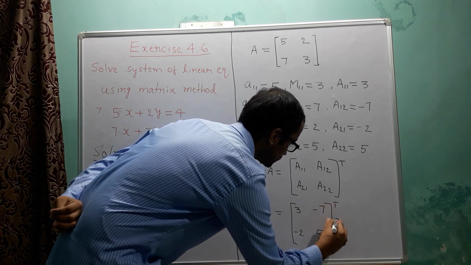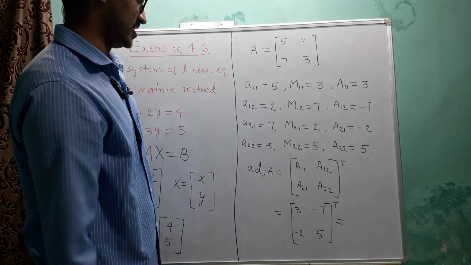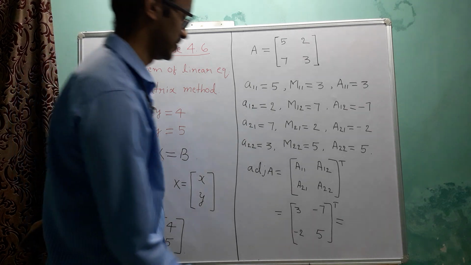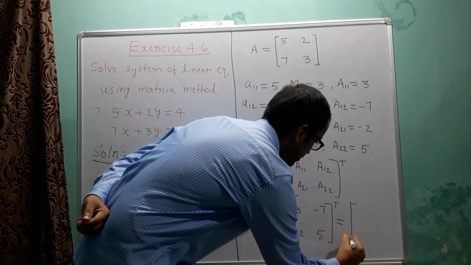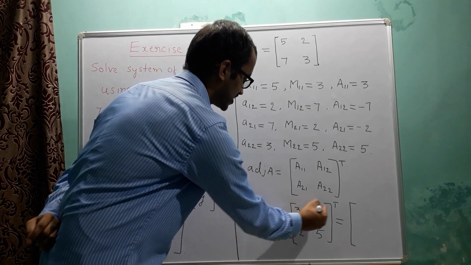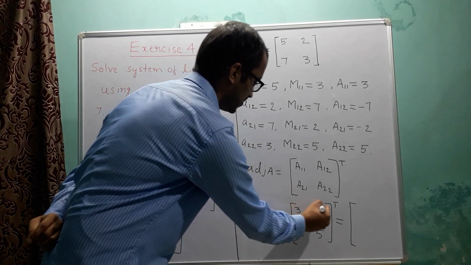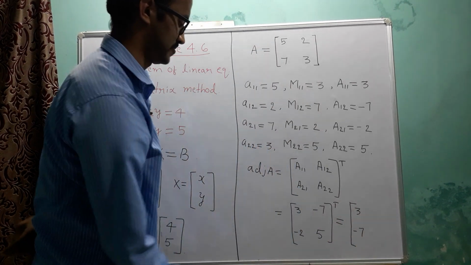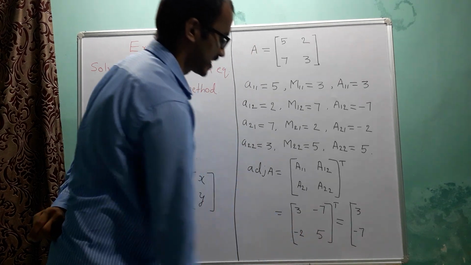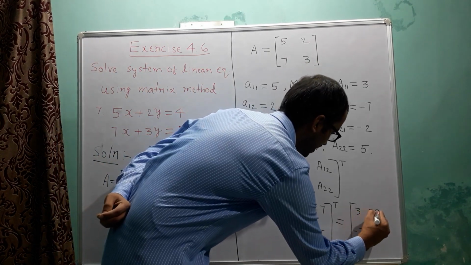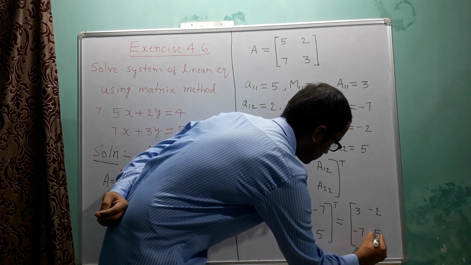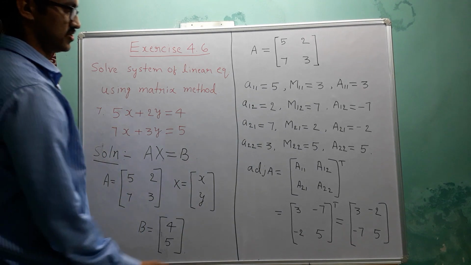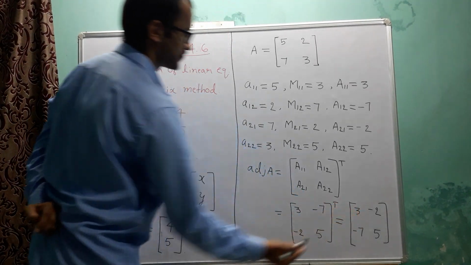Its transpose: transpose means we have to interchange rows and columns. So write the first row as the first column. So the first column becomes 3, minus 7. The second row becomes the second column, so the second column is minus 2, 5. So this is the value of adjoint of A.